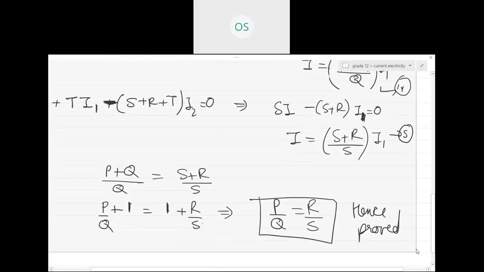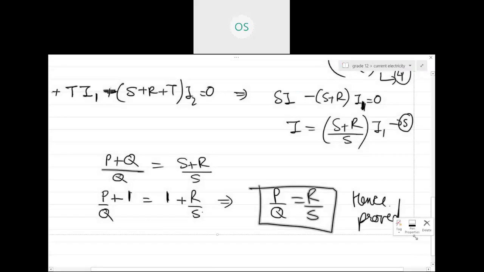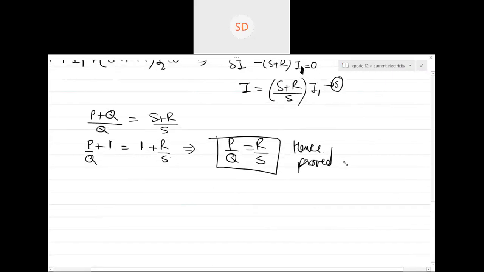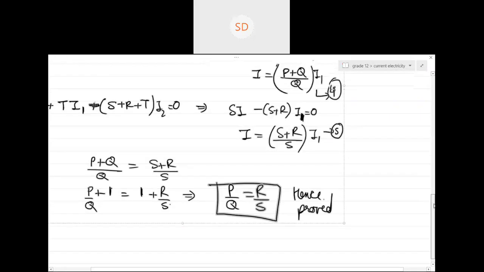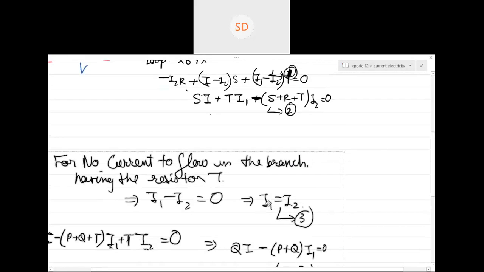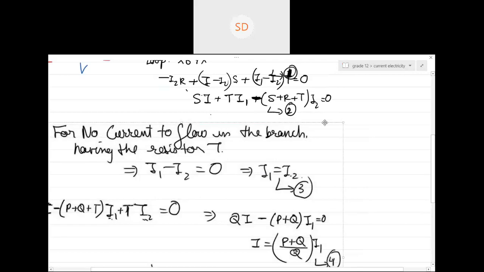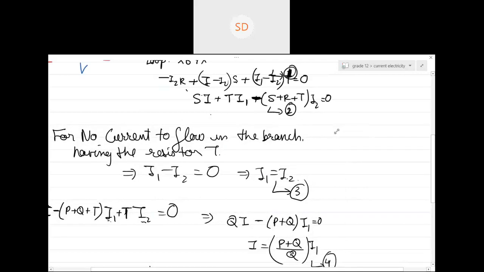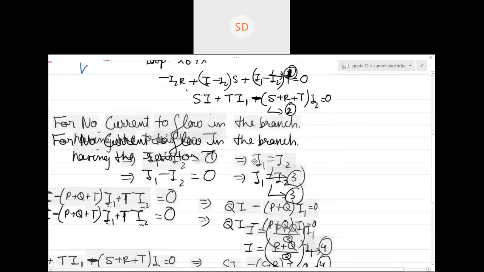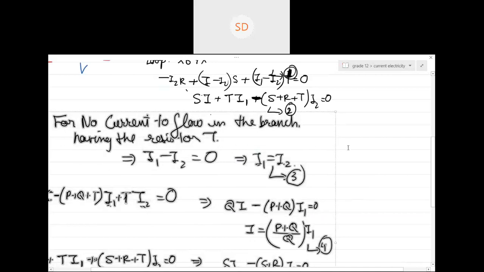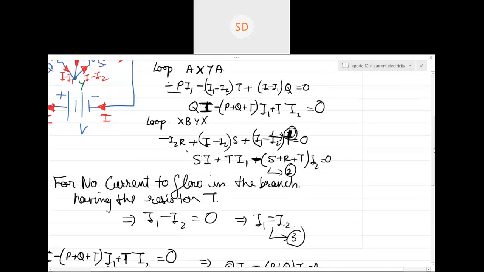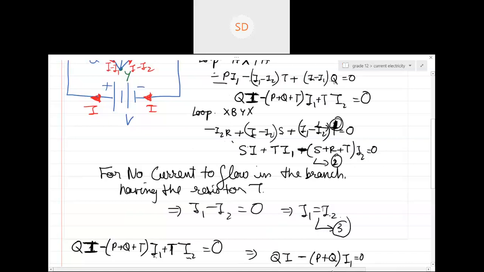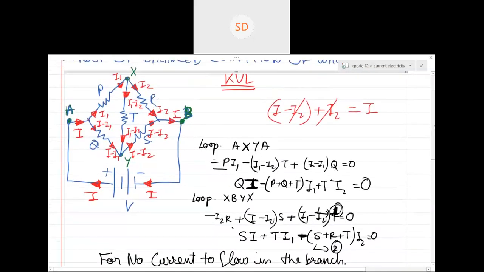I'll just do it again. Is it clear now? Shall I start writing a little bit smaller? So at least everything will be in the page. Nothing will go off.